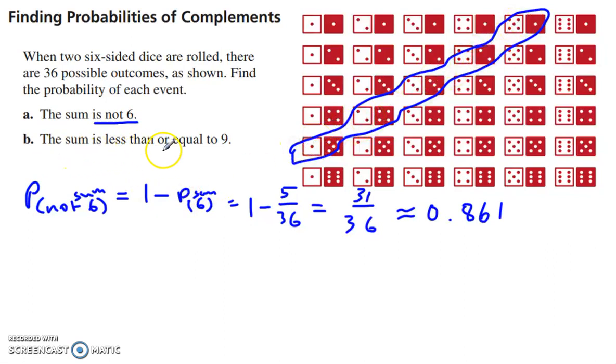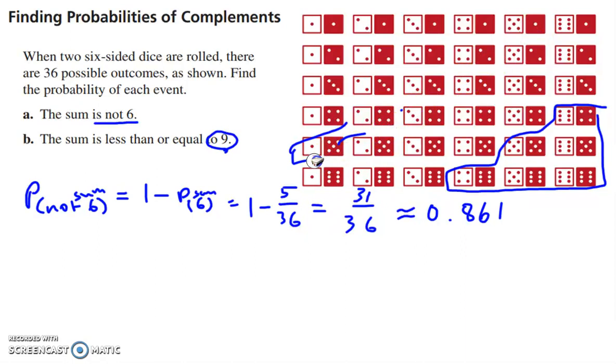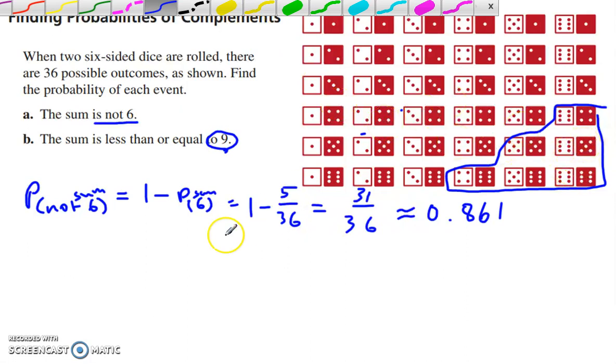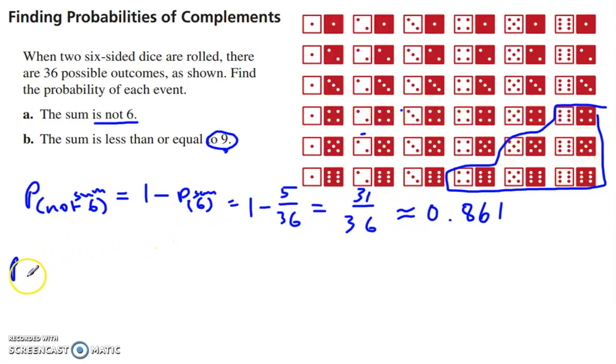Okay, so sometimes it's a little bit easier just to find the complement. Same thing here, less than or equal to 9. So the other ones would be greater than 9. So what's greater than 9? 10. Okay, so we have 10. All of these add up to 10, and everything above that. So in this case, we have 1, 2, 3, 4, 5, 6. So there are 6 out of the 36. So the probability of the sum being less than or equal to 9 is the same as 1 minus the probability of a sum greater than 9.